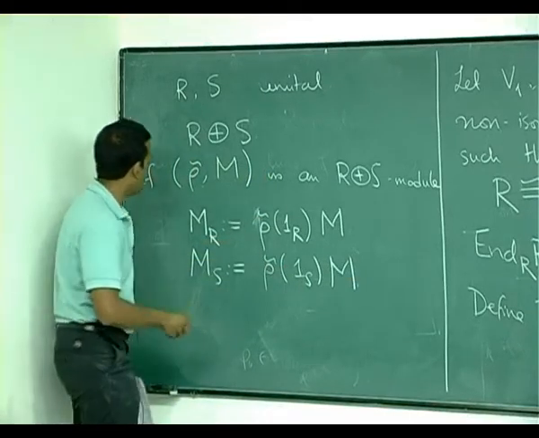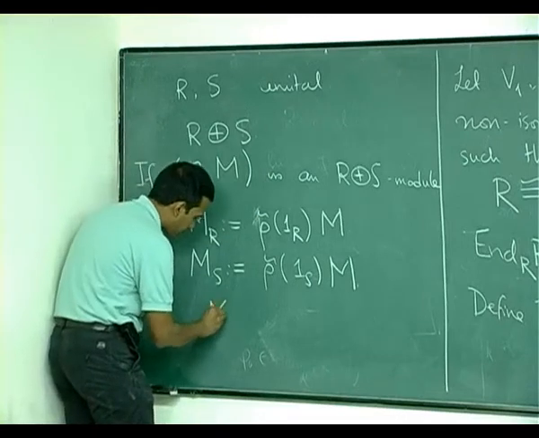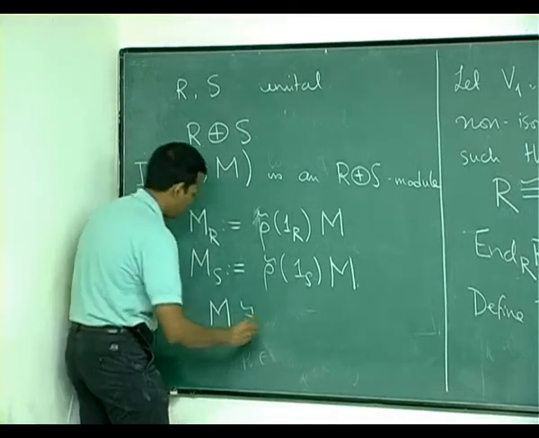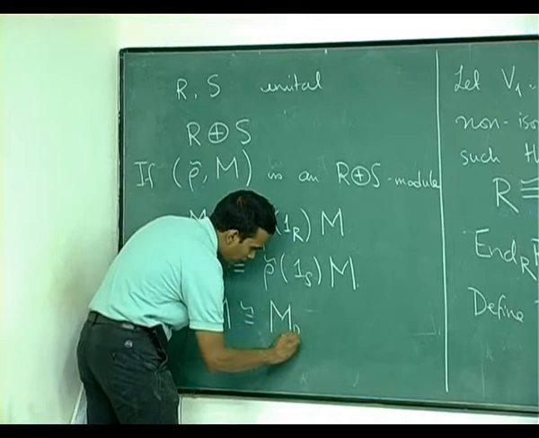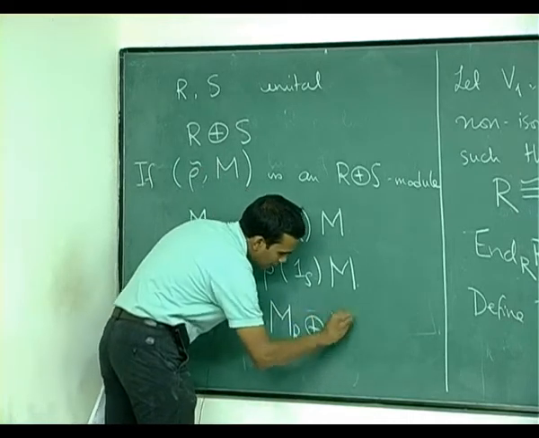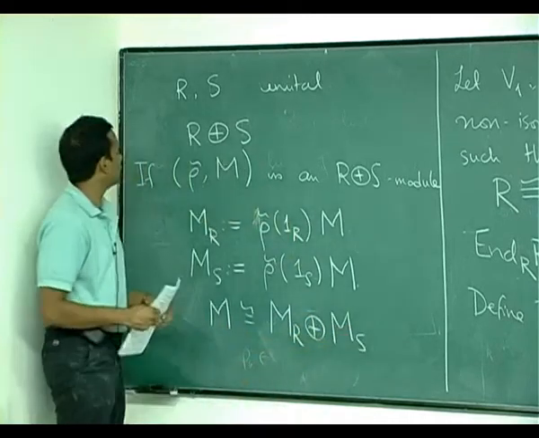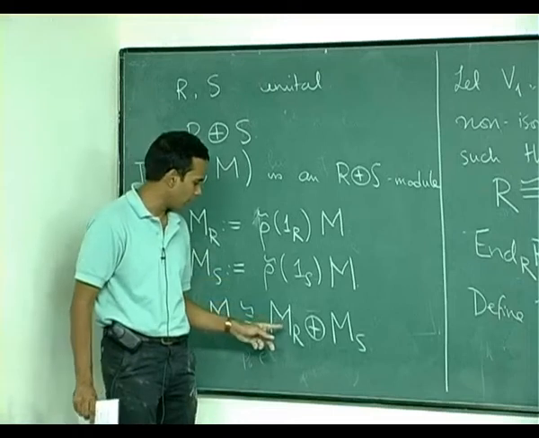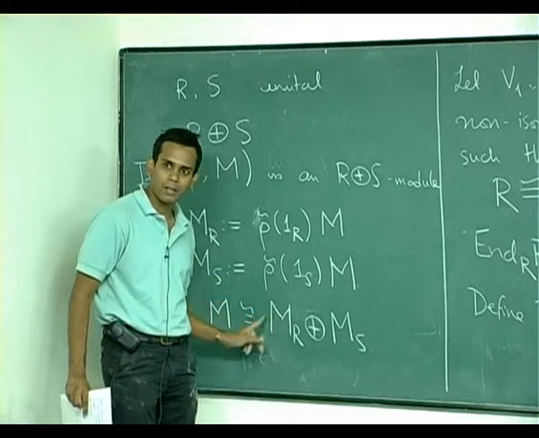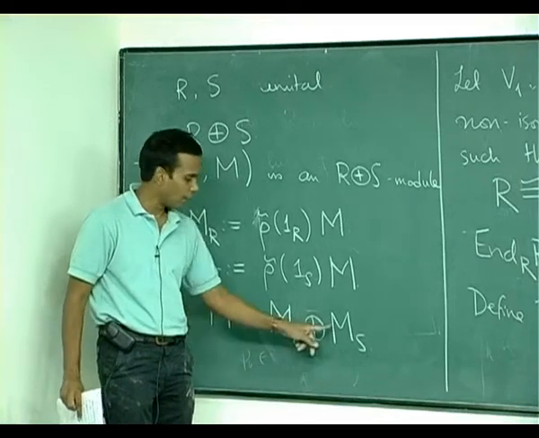It will turn out that M is isomorphic to M_R direct sum M_S, an R direct sum S module where S acts on this part by 0 and R acts on the other part by 0.